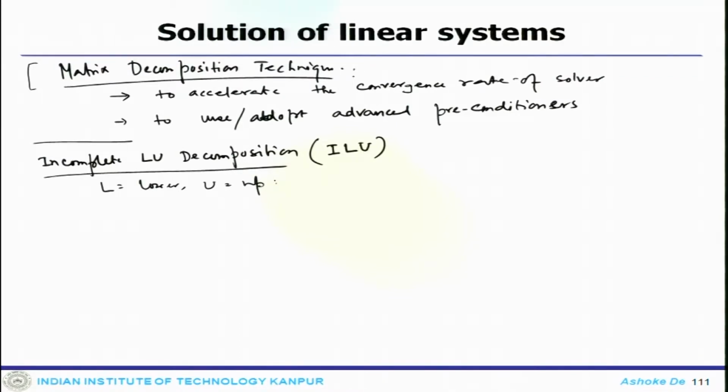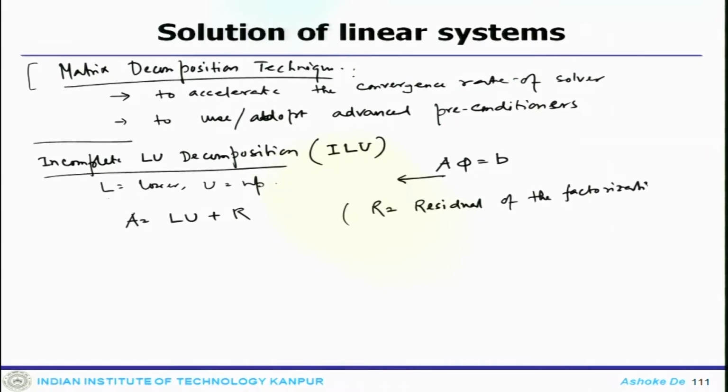So, the incomplete ILU factorization of A, where the system we are solving is the same, A phi equals B, is performed such that the resulting lower and upper matrices have the same non-zero structure. So, A can be written as LU plus R, where R is the residual of the factorization process.